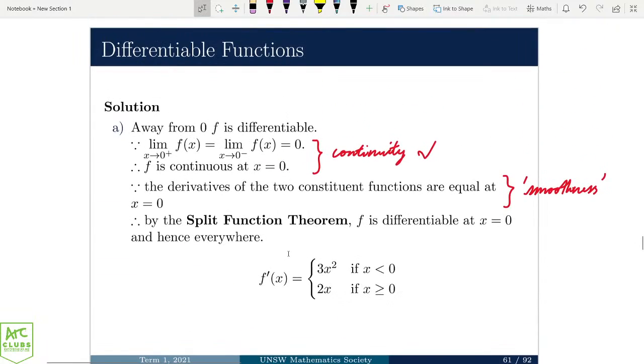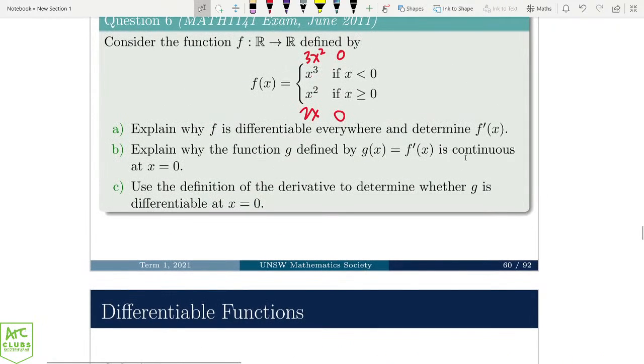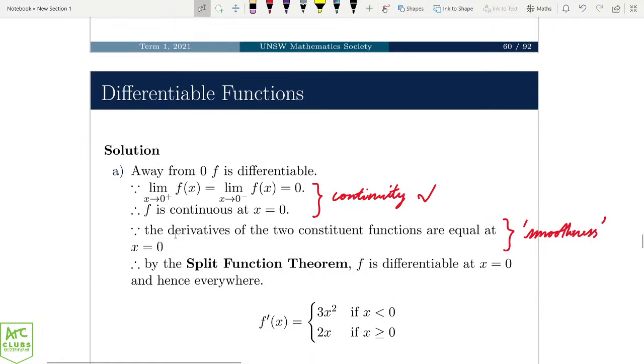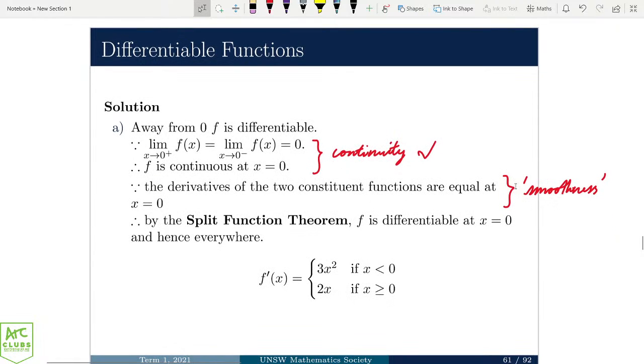But because in our previous question we were asked specifically to apply that formal definition, we had to do that. Here it's not a requirement, so we can simply use the derivatives of both our constituent functions to conclude that our function is in fact smooth.